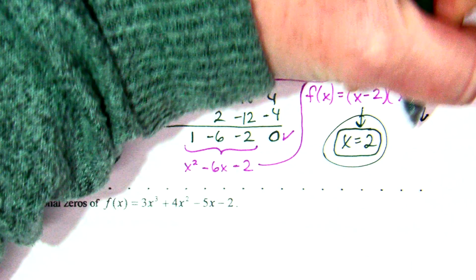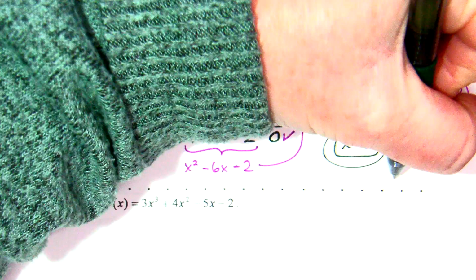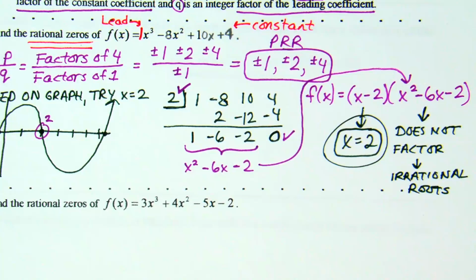Does not factor, and since it does not factor, these are irrational roots. Okay, and if we needed to find those irrational roots, we could use the quadratic formula, but that's not asked on this particular question.